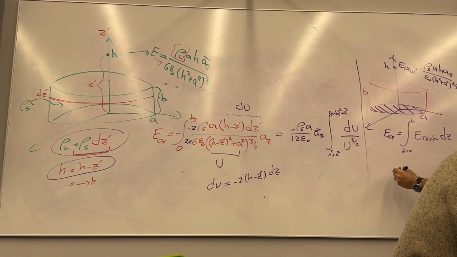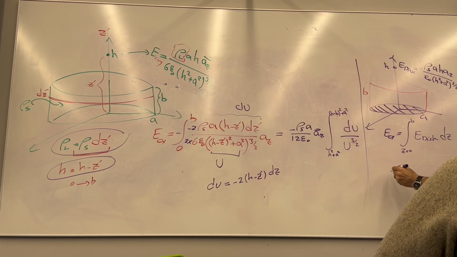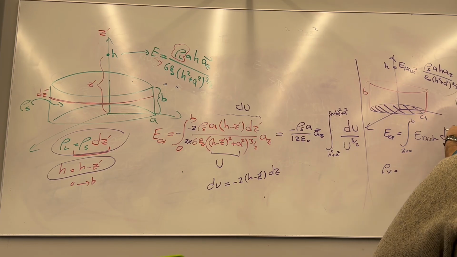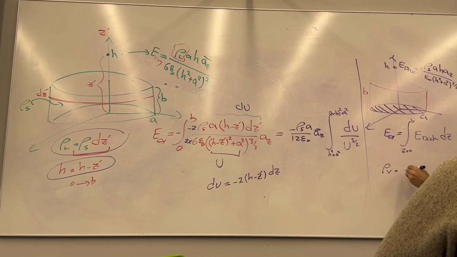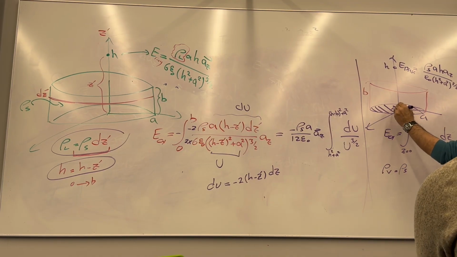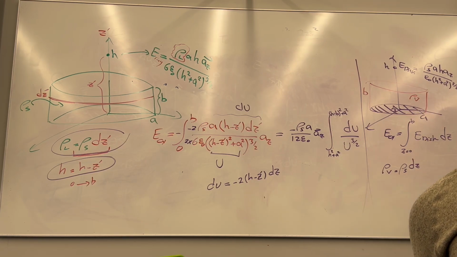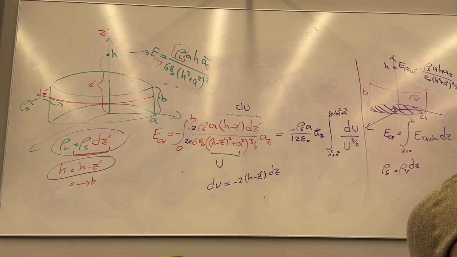But the change we need to make is that rho v equals a slice of this. Rho v is rho s dz. The slice of rho v is going to be rho s.